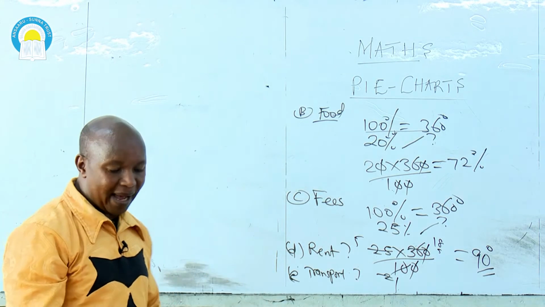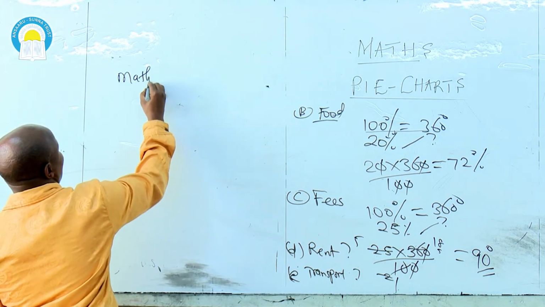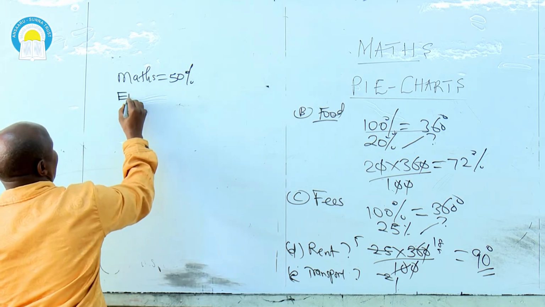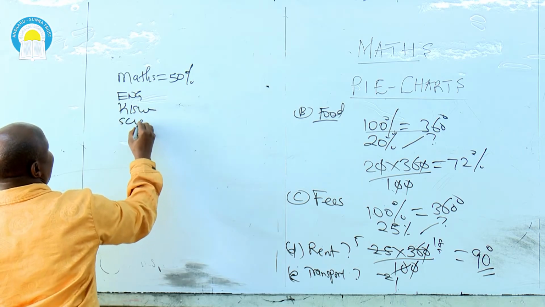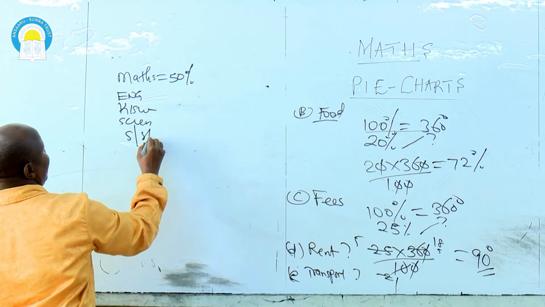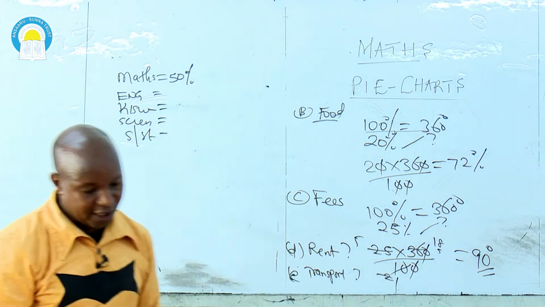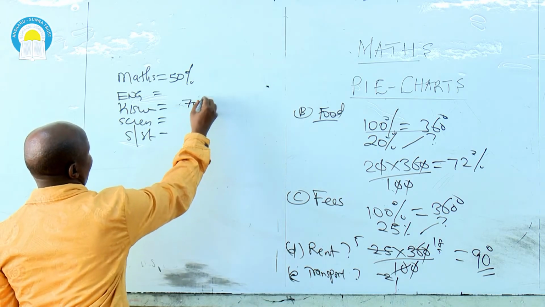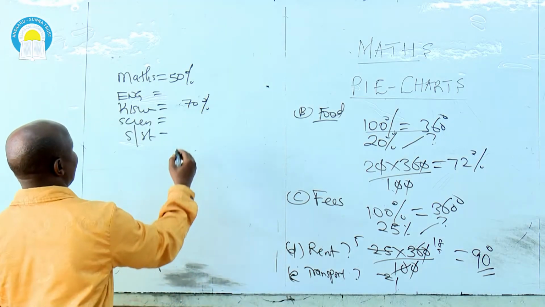Mathematics, Abdi got 50%. Then we have English, Kiswahili, science, and social studies. We have to present all his marks in a pie chart. Kiswahili, he got 70%. Then social studies, 80%.